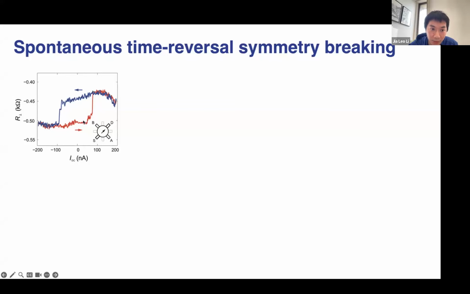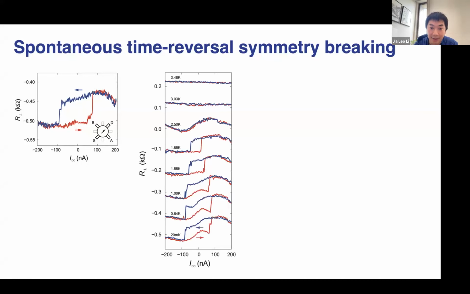When this hysteretic switch happens, you go from one valley polarization to the opposite valley polarization. If we measure this as a function of temperature, you can clearly see that at about 2.5 Kelvin is when valley polarization starts to onset with lowering temperature, or start to vanish with increasing temperature.